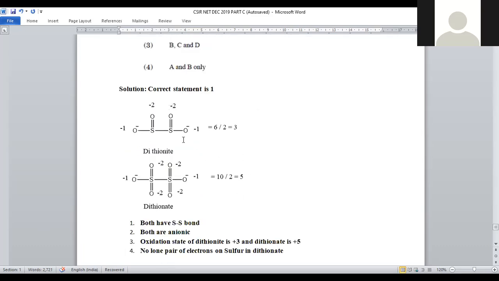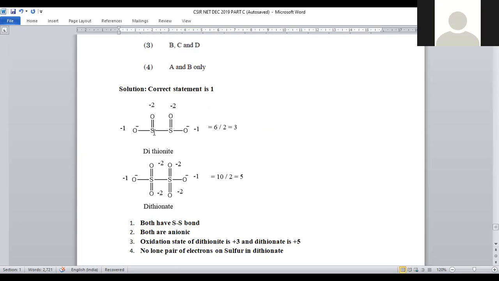When we observe the structure of dithionite, it has S double bond O, S double bond O, O minus, O minus. Double bonded oxygen carries zero charge, and single bonded oxygen is associated with a -1 charge. Total negative charge count will be -6.